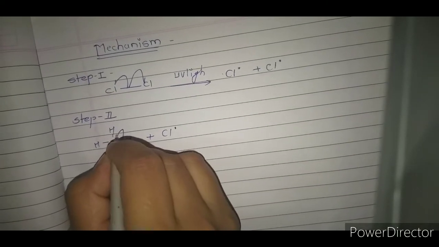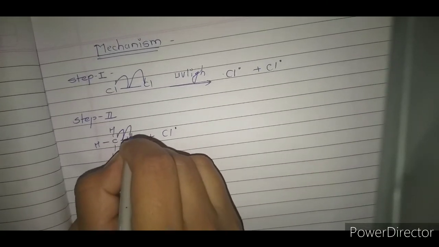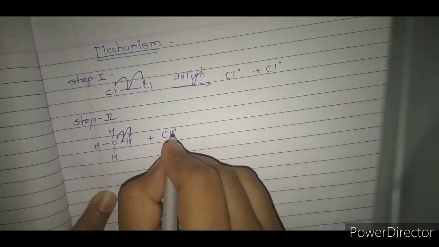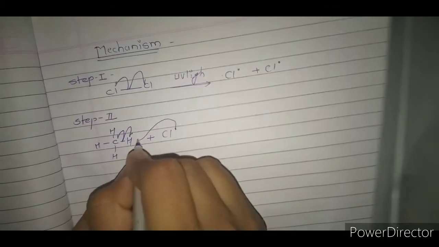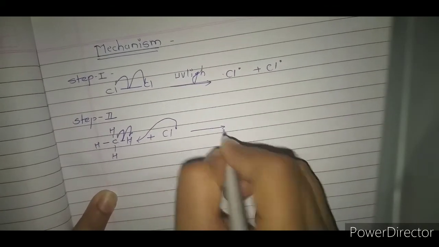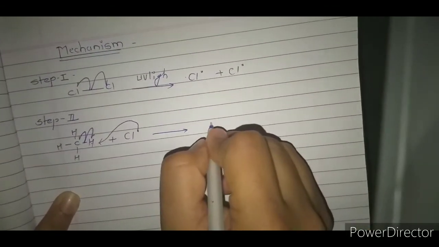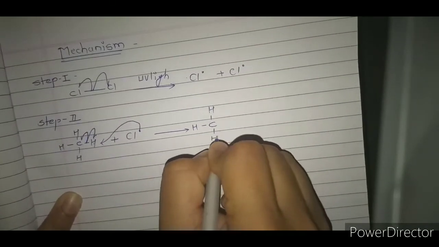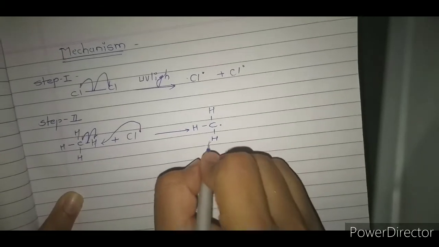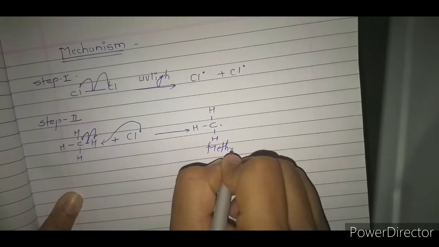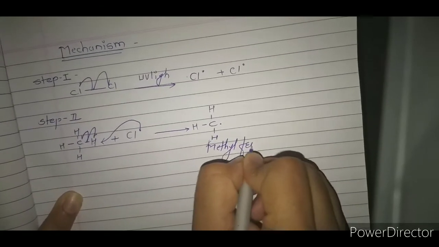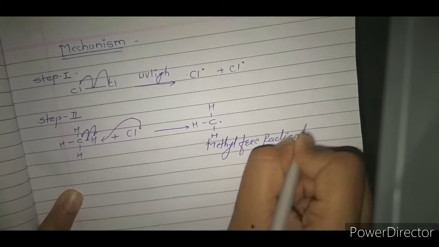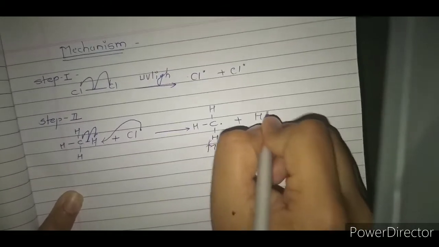So the homolytic fission of carbon and hydrogen bond takes place, and this chlorine radical abstracts hydrogen from methane and forms methyl free radical and HCl.